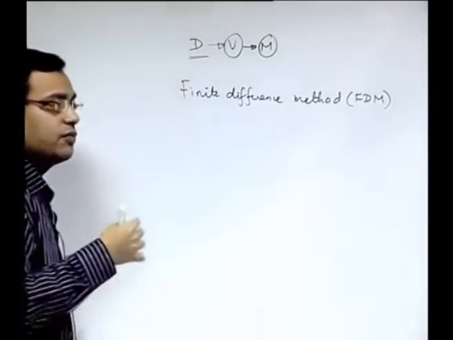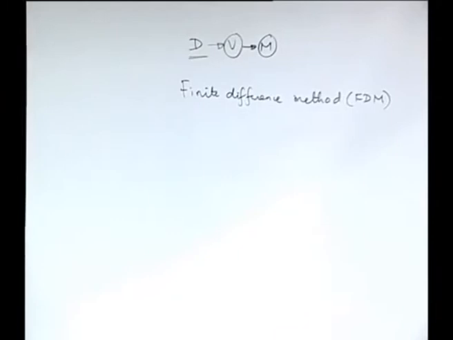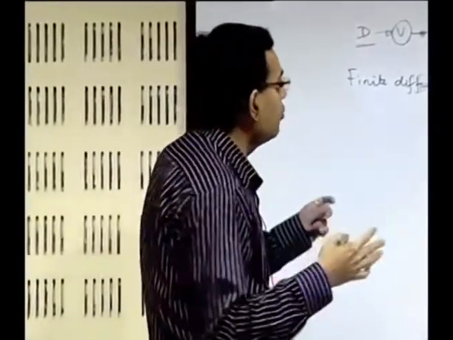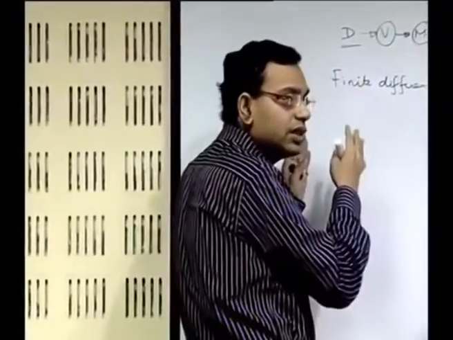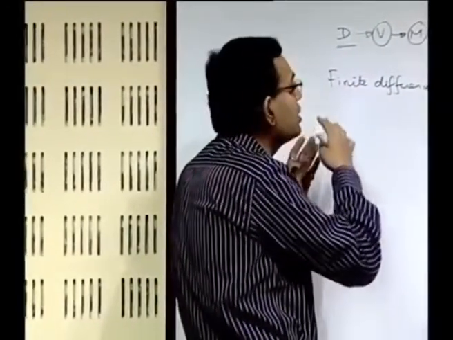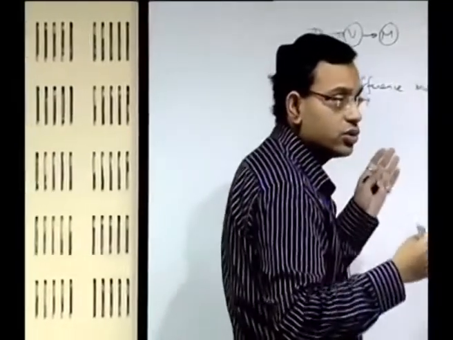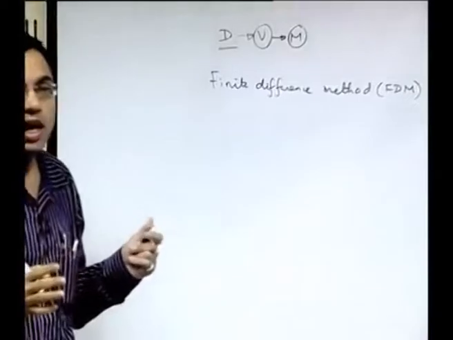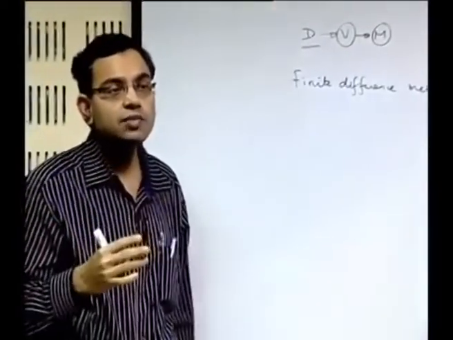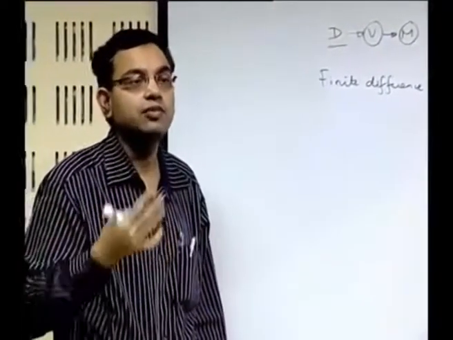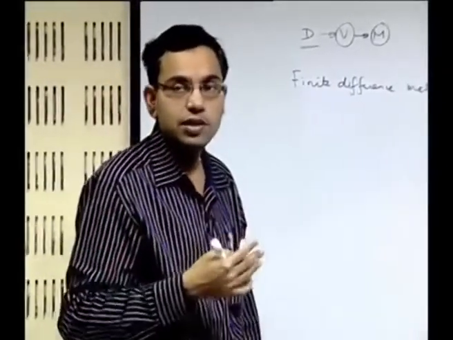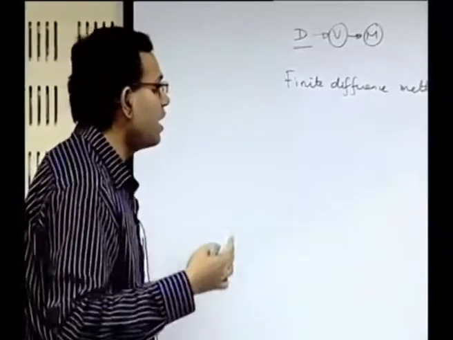So, what is the basic philosophy of the finite difference method? What we do is, in the governing differential equation we manipulate the governing differential equation directly rather than through its V form or M form. So, we use the D form. In the D form there are expressions for derivatives, and we express the derivatives in terms of suitable algebraic differences by using the Taylor series expansion. That is the basic philosophy of the finite difference method.